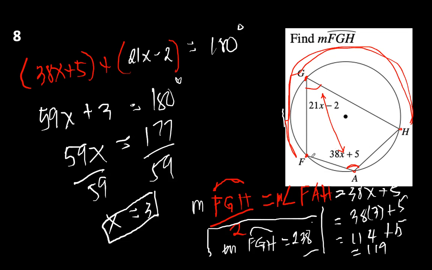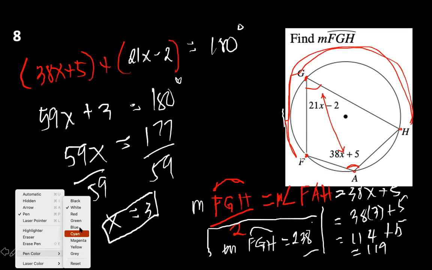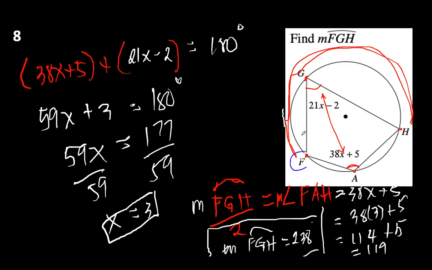So again, arc FGH is the intercepted arc of the inscribed angle FAH. Here, FAH. Get it? All right. So I hope we got the same answer. And problem number 9. So we're solving for x here.